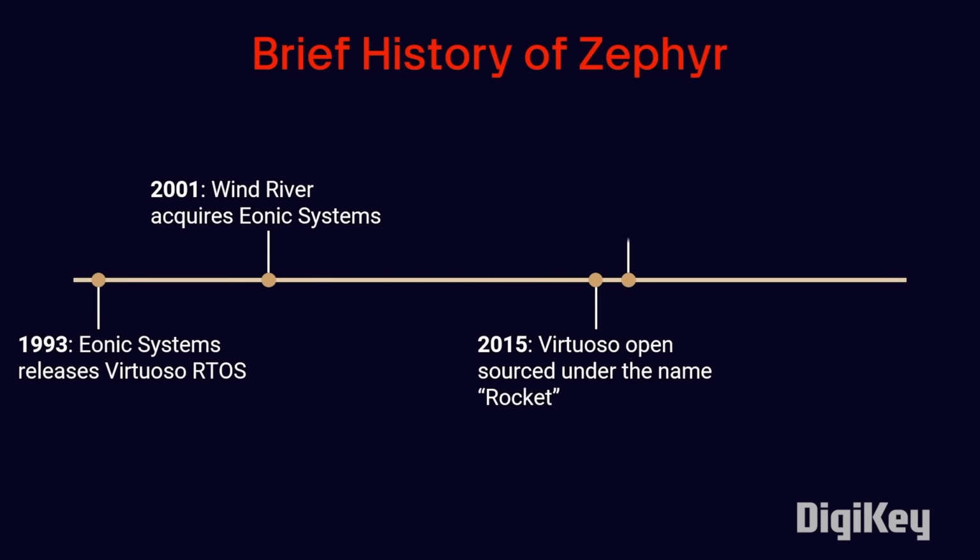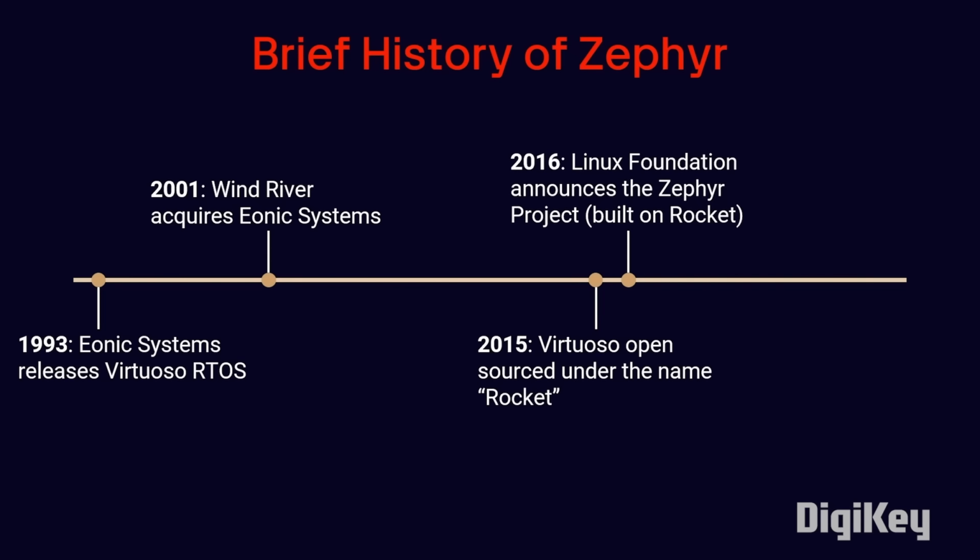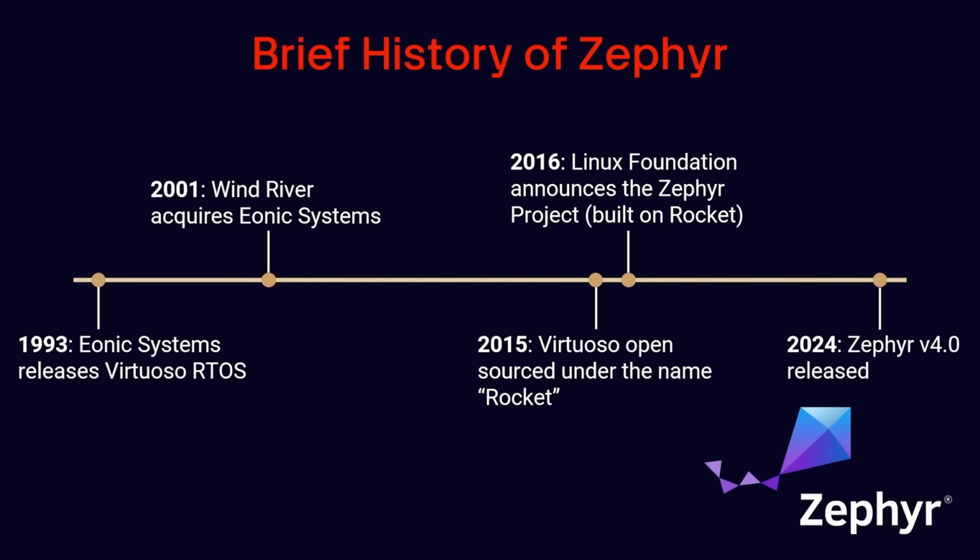In February of 2016, the Linux Foundation announced a new project to build a real-time operating system for the Internet of Things devices. They called this undertaking the Zephyr Project, and it included Intel, NXP, and Synopsys among its early supporters. At the end of 2024, Zephyr version 4.0 was released.